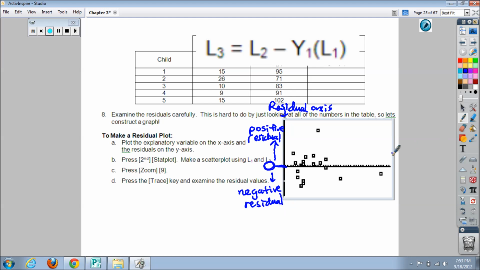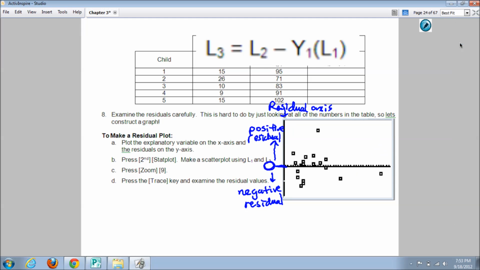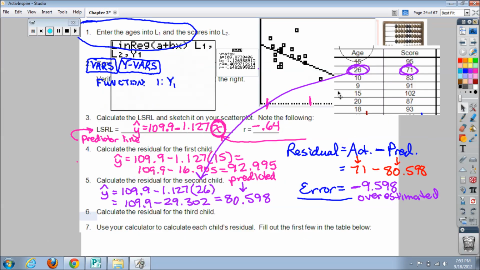Okay, now what I could do is, let's go back and find some values that we had there. What was the value of our first residual? Or here, let's take our second residual, which was negative 9.598 for our second kid, who was 26 months old, and we had an error of nearly negative 10.